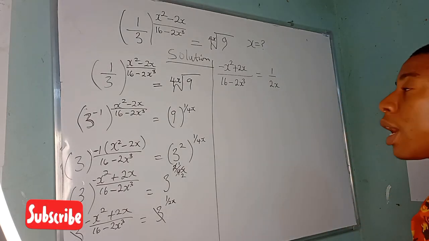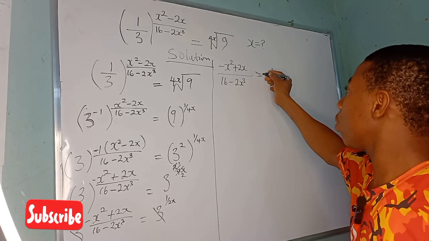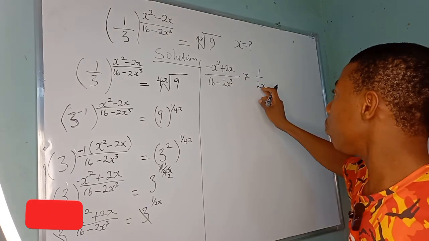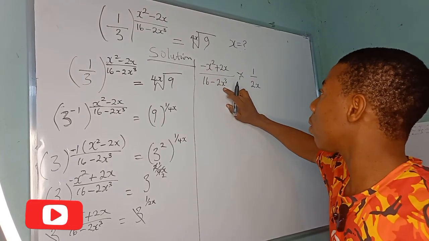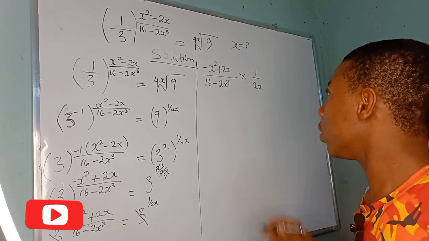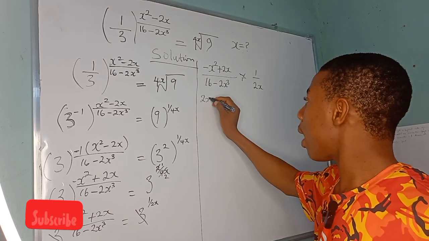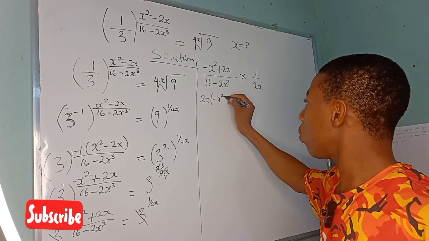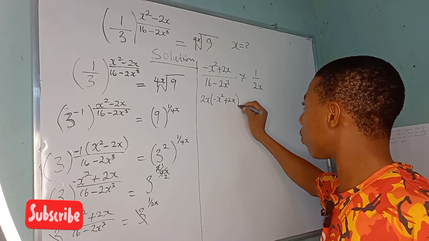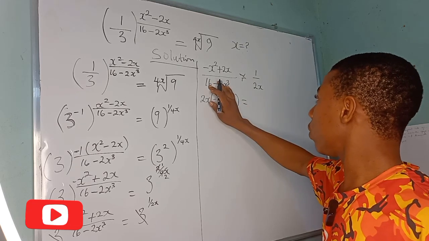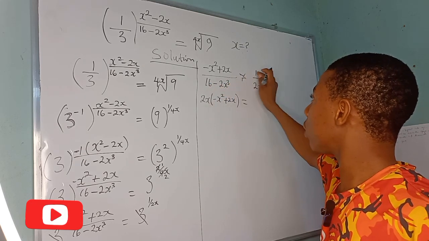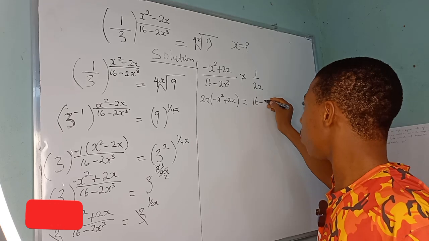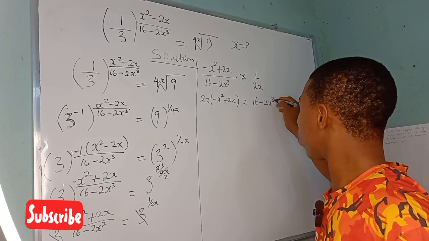So what we have to do now is simply cross multiplication. I multiply this times this, and cross multiply this times this. So I'm going to say 2x into (minus x squared plus 2x) equals (16 minus 2x cubed) times 1, which will still give me 16 minus 2x cubed.